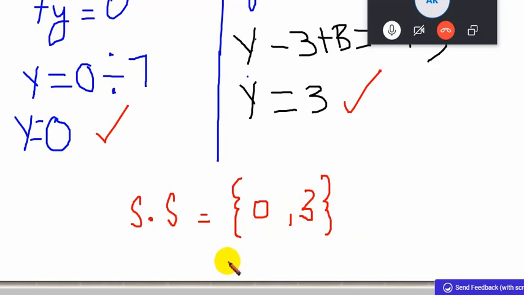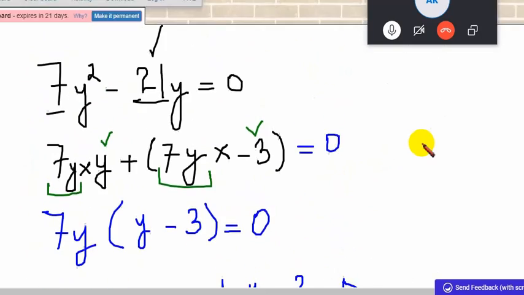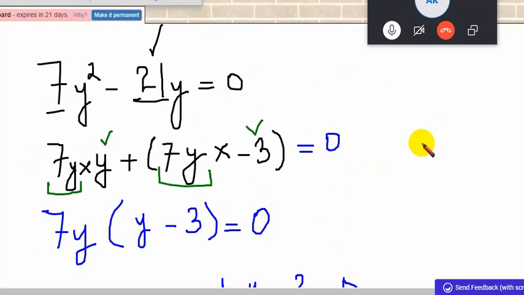We always write sets in curly brackets, or you can say braces. So this is how you solve a quadratic equation using factorization.